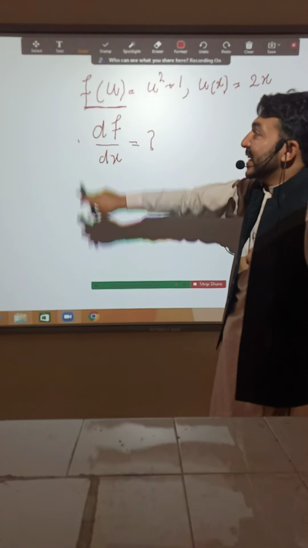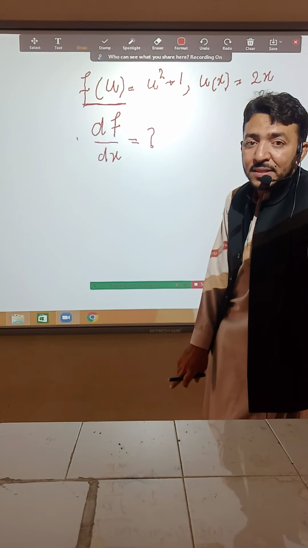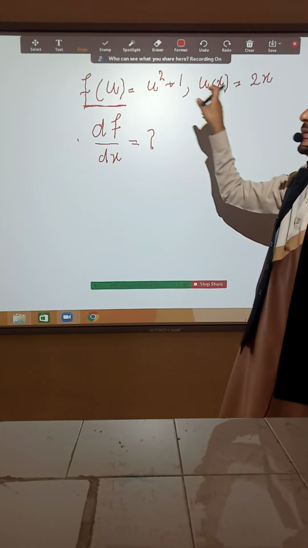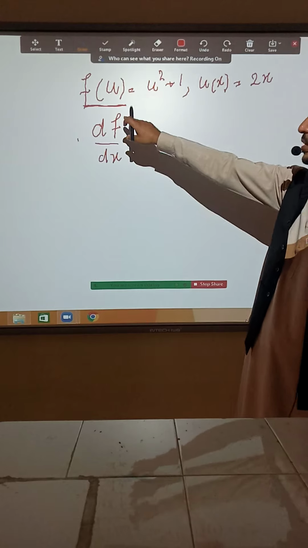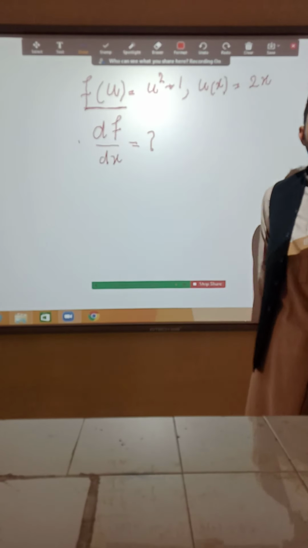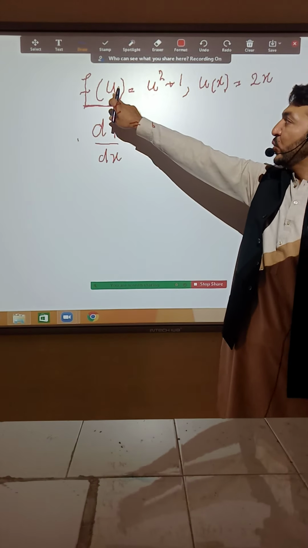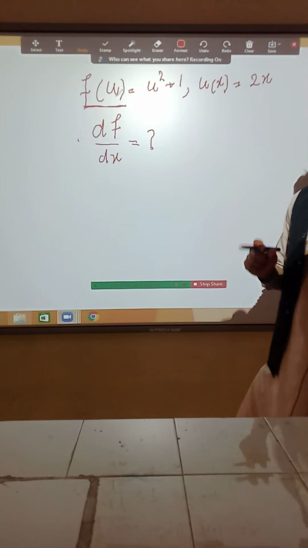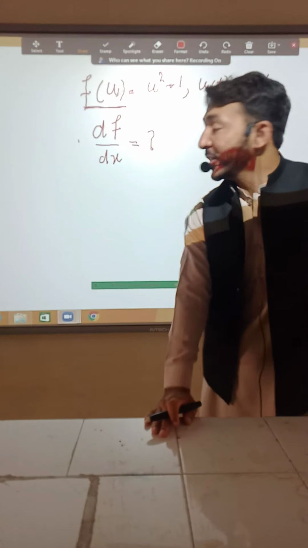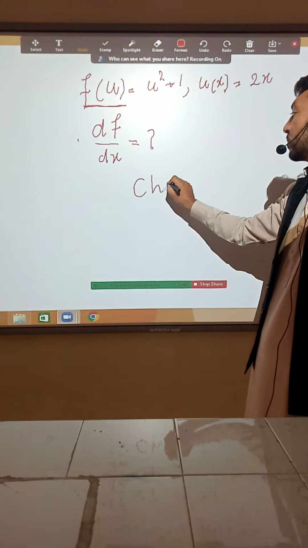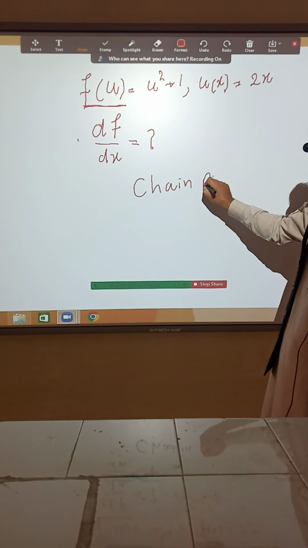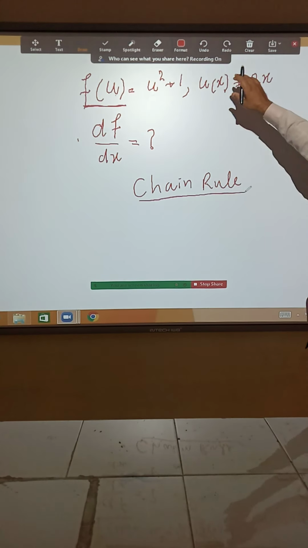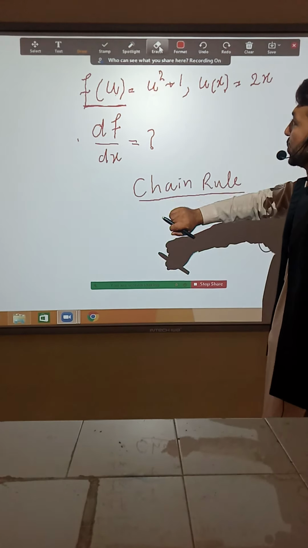So this function is not directly dependent on x, but indirectly it is dependent on x because u depends on x. So whenever you need to differentiate a composite function, we will use a rule of differentiation called the chain rule. Chain rule is the rule which is used for the differentiation of composite functions.